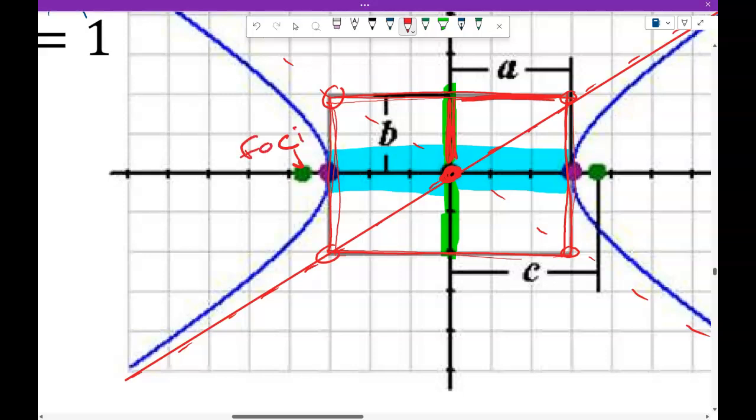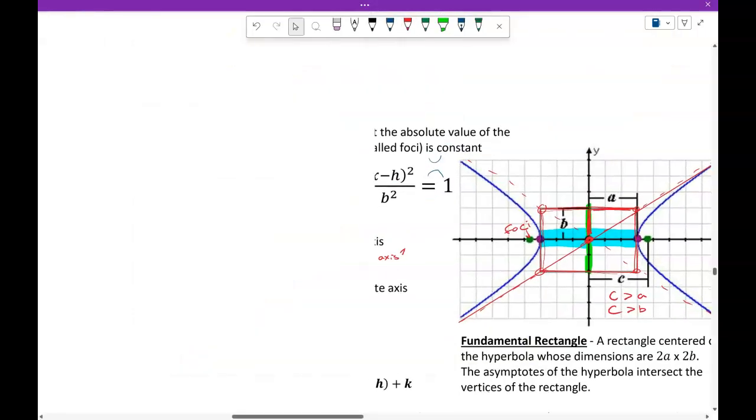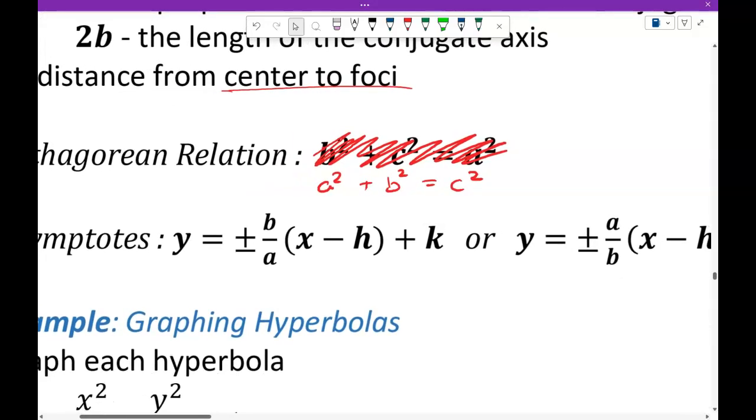Our foci are further out than our vertices, so C has to be larger than A. C will always be larger than A, and C will always be larger than B. So we'll use our Pythagorean theorem where the sum of the two smaller distances squared equals the square of the third distance.